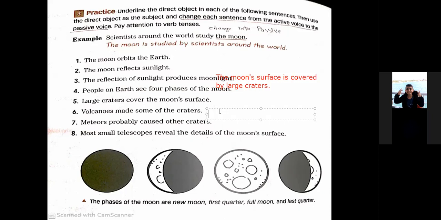So what can we do to change this sentence from active to passive? Some of the craters. Yes, some of the craters. Made by volcanoes. Take care. This part is singular or plural?